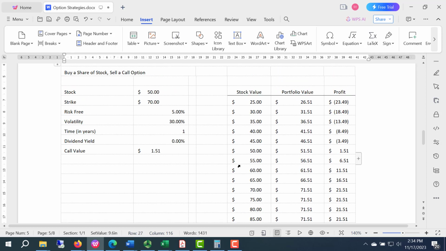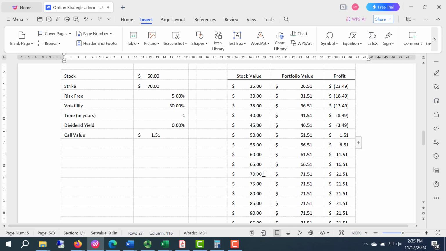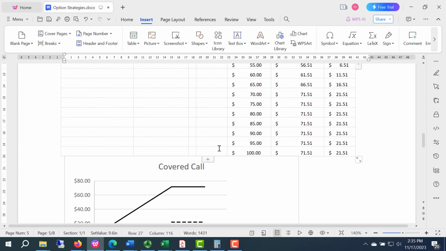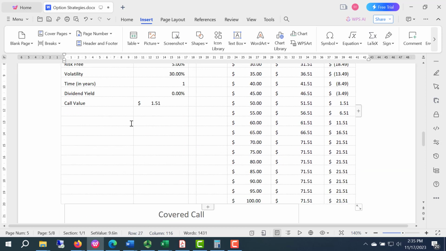And so they can get an additional $1.51 in profit by selling a call on that option rather than putting out a limit order on that stock at $70. So they make a little bit more money in this case by selling the option.